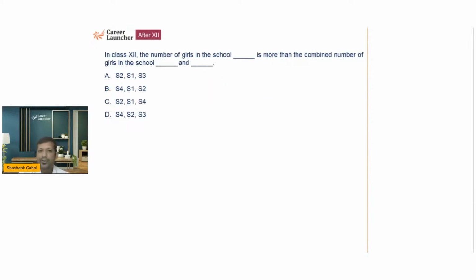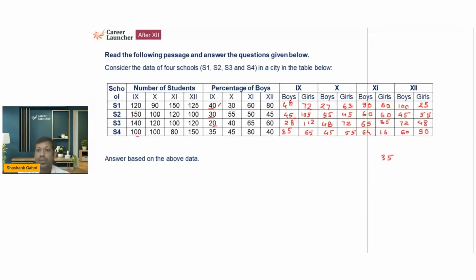Pretty straightforward question. The number of girls in class 12: the number of girls in which school is more than the combined number of girls in which schools? Okay. In class 12.